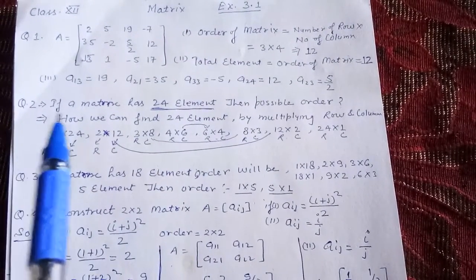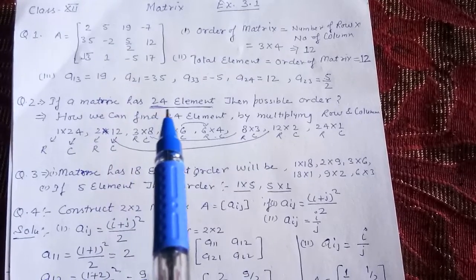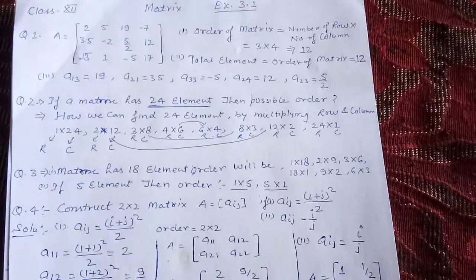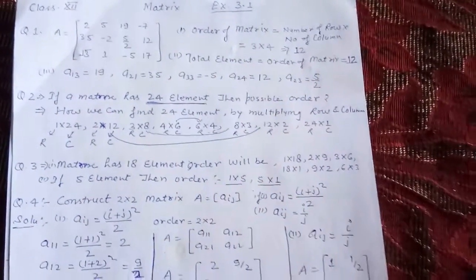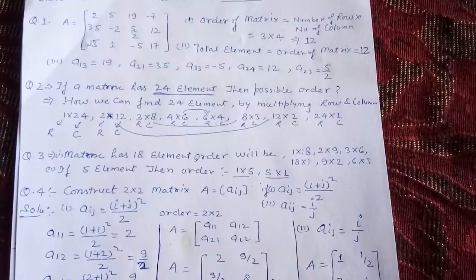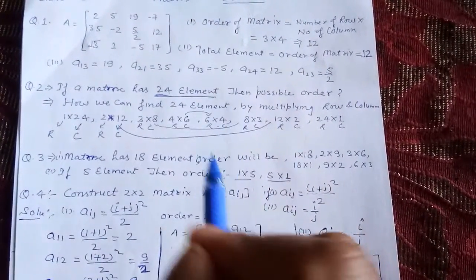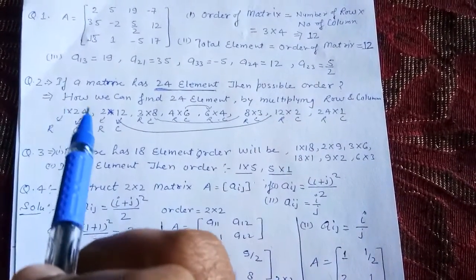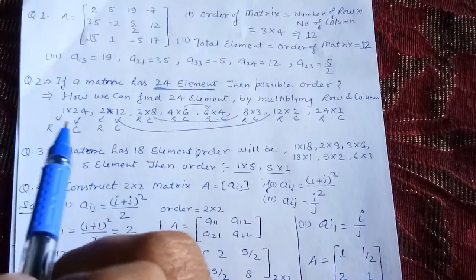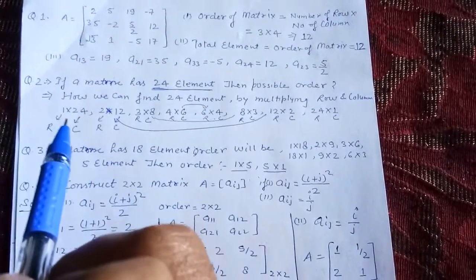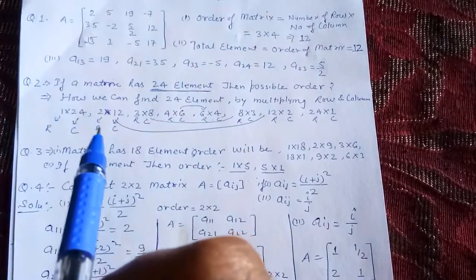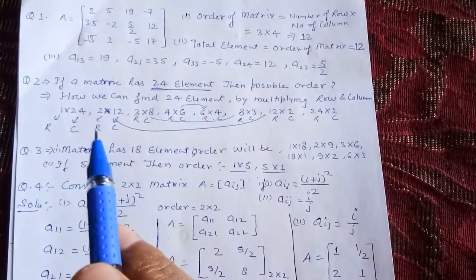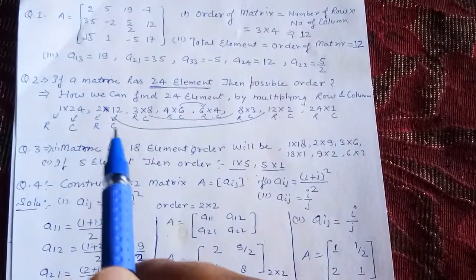And the second question is, if a matrix has 24 elements, what will be the possible orders of the matrix? See, total number of elements is 24. So how can we get 24 elements? By multiplying rows and columns. It is possible that only one row is there with 24 columns, so the total will be 24 elements. One thing you have to keep in mind: the total number of elements is 24, so the multiplication of rows and columns will be 24.